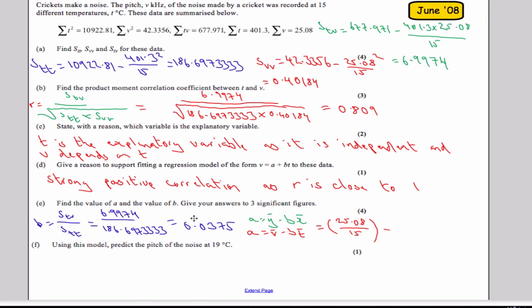Minus B, which is 0.0375 times T bar, and T bar is calculated by doing the sum of T divided by 15, 401.3 over 15.